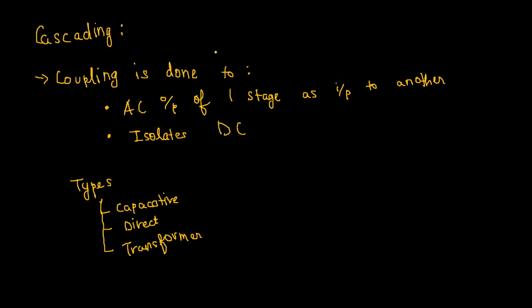So the DC part is isolated and the AC output is what is being sent. Since coupling is essential, it can be done in 3 different ways. One is capacitive, the other one is directly connecting it, and the third one is transformer.